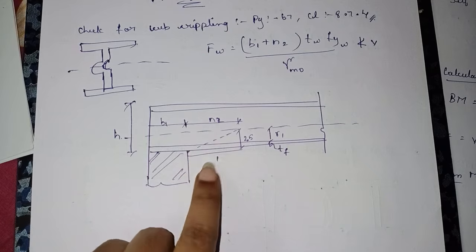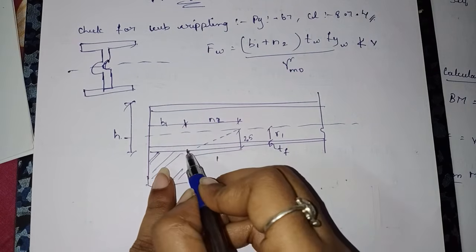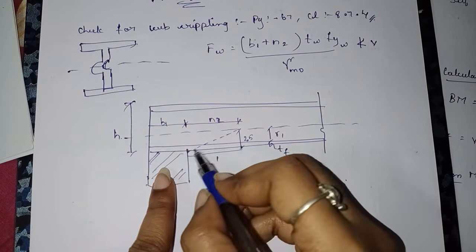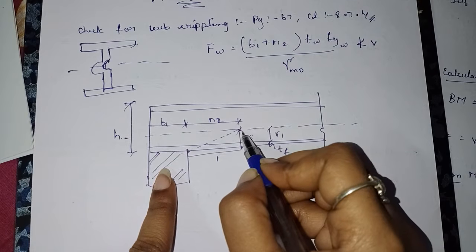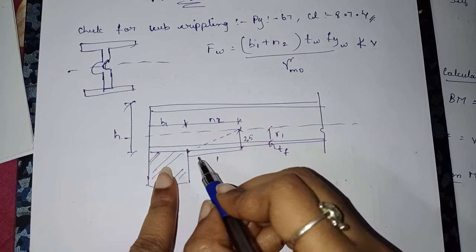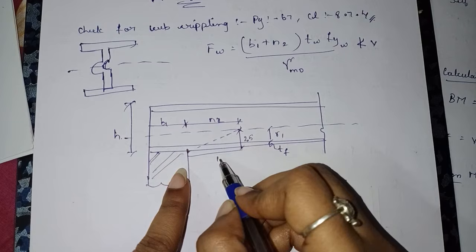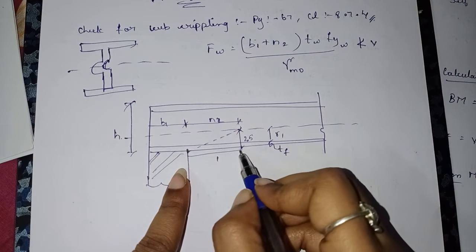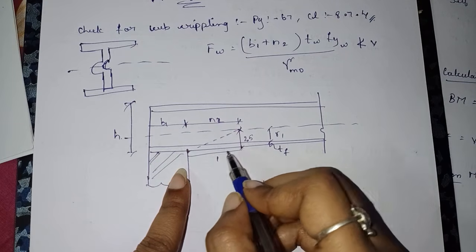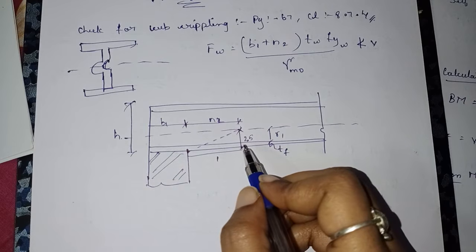N2 will be the distance from here till this way, that means when it reaches the critical axis. So the critical axis is in the ratio of 1 is to 2.5.